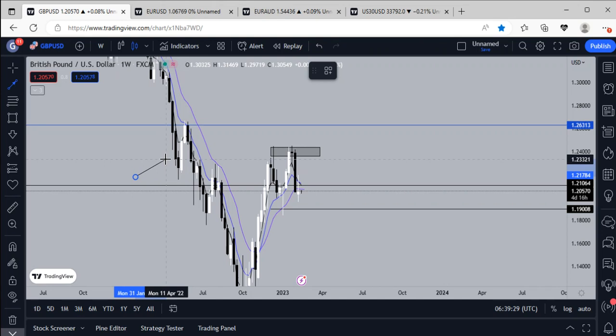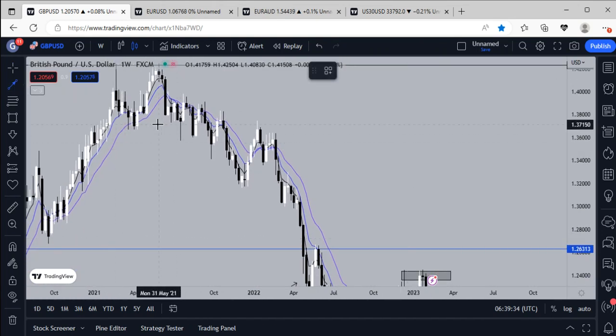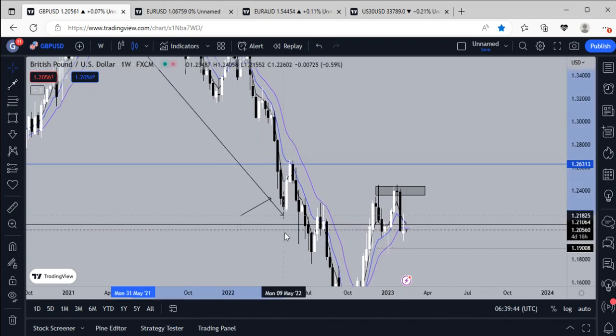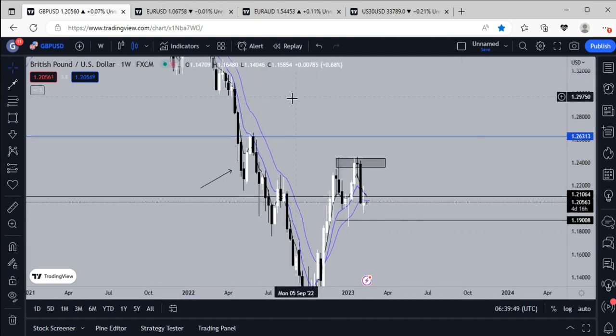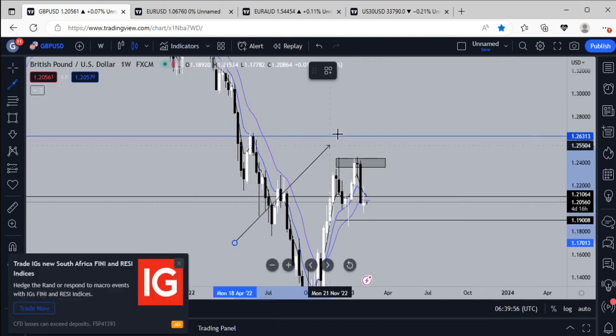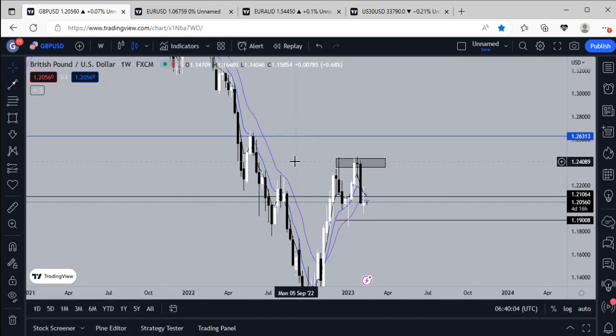Price is in a downtrend, as you guys can see in this area: lower high, lower low, lower high, all the way to this lower low, lower high, and so on. So this is our most recent lower high in this area of price action. So that's where we can look to be attracted to in that area.